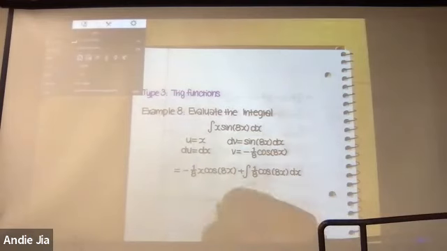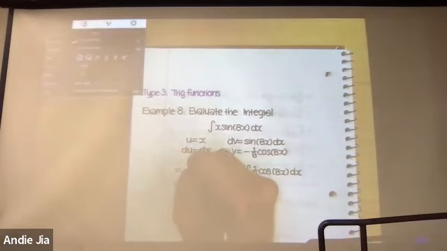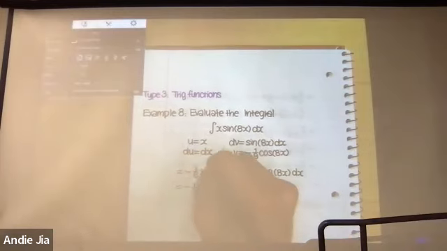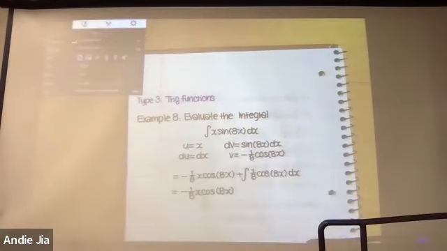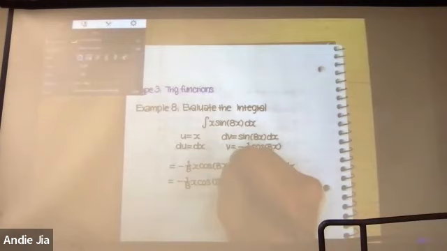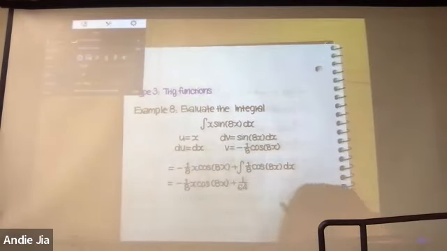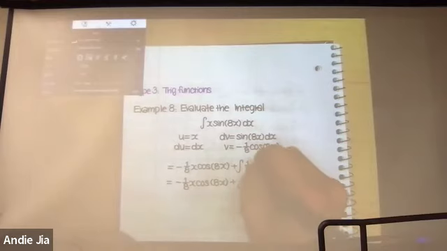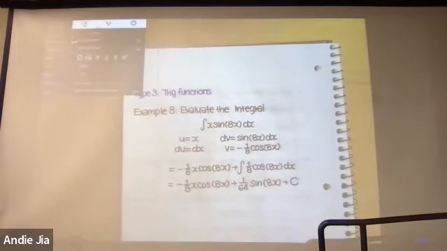Then just integrate using substitution, and we have negative 1 over 8 x cosine of 8x plus 1 over 64 sine of 8x plus the constant of integration.